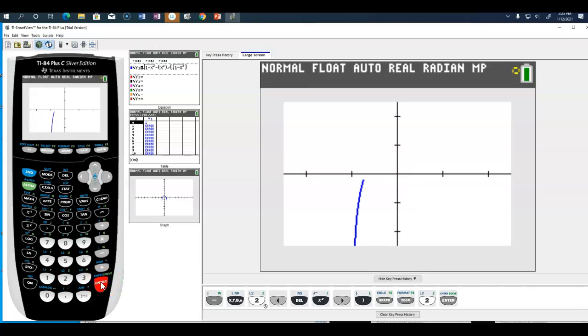Push enter, and it zooms in a little bit more for you. So I pushed, once again, if you want to know those keys, I pushed zoom, I pushed 2 for zoom in, and then I pushed enter. And that zooms in a whole lot. There's a lot of different ways to change your viewing window on here. Zoom is one way, window's another way. This happened to work out pretty good, so I'm going to stick with this.